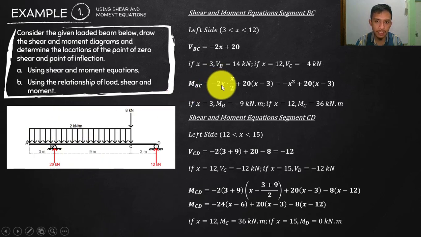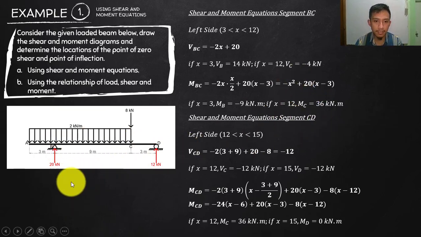The value of that is negative 2X, since counterclockwise is a negative moment, times the moment arm, half of X, X over 2. Simplify: negative X squared, plus 20 times X minus 3. Substitute the values. At B, X is 3, that is negative 9. At C it is 12, that is positive 36. So these are your moments from B to C.